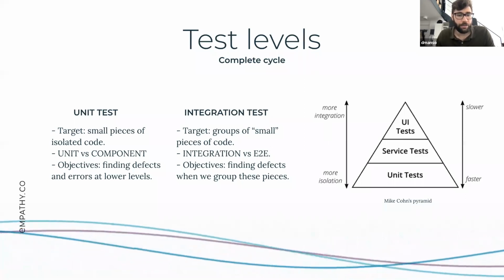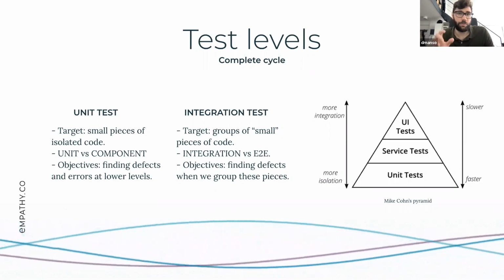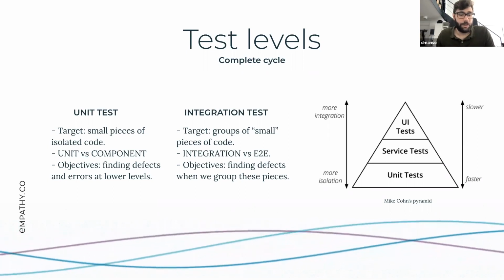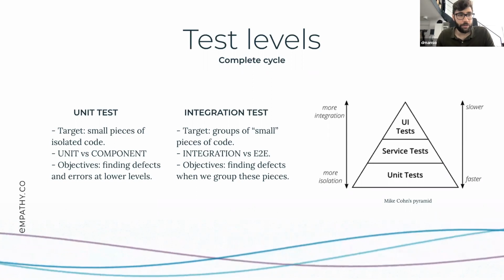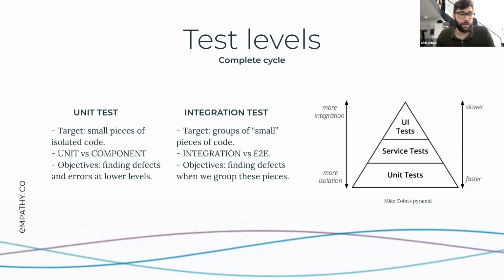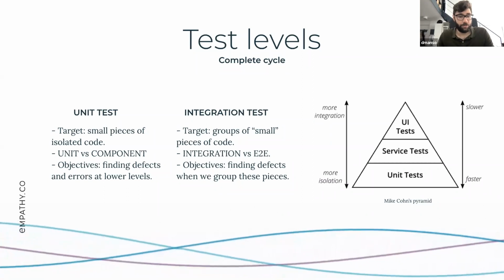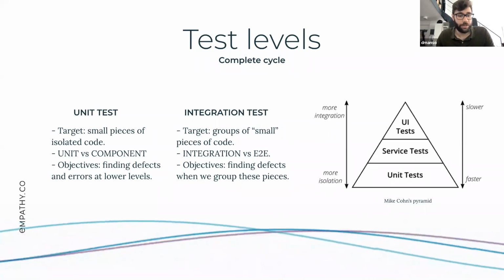And an integration test can just check the functionality of the union of those small pieces, okay? Well, its objectives are basically the same, but in a different context. And end-to-end tests are mainly used to test complete use cases, to test if we have a good user experience in which there are different modules involved composing a big system.